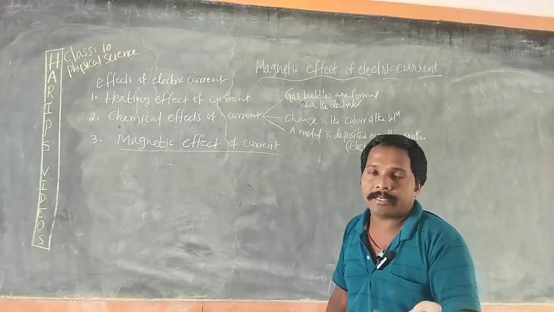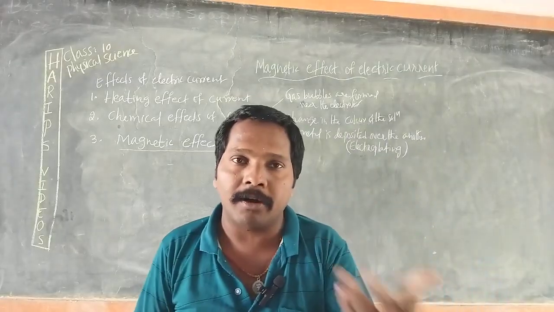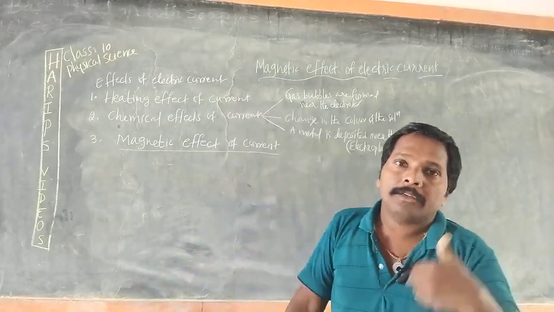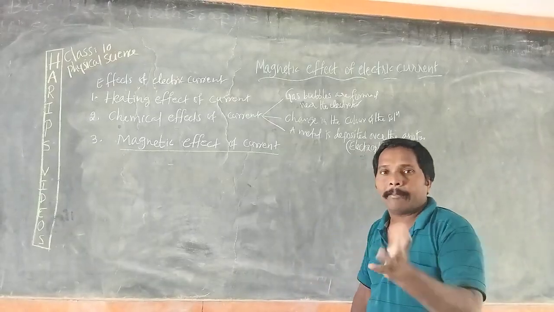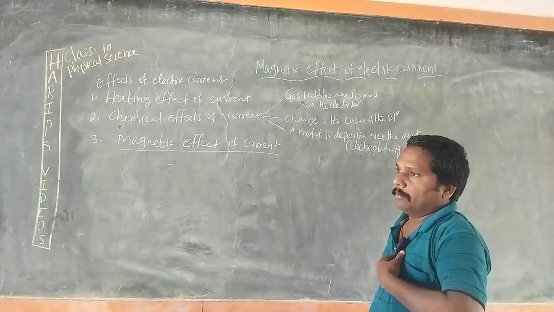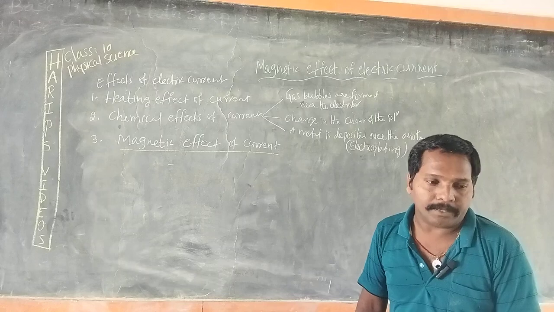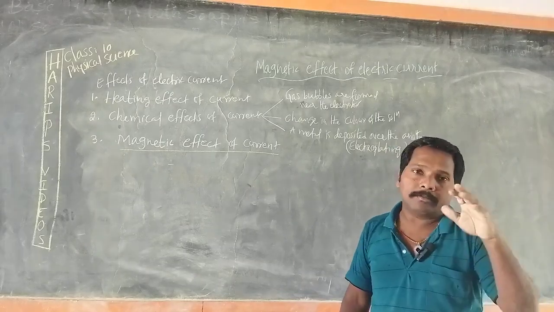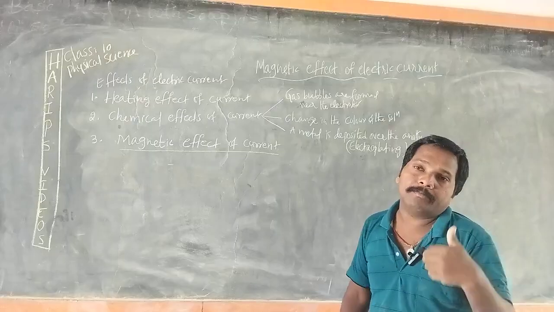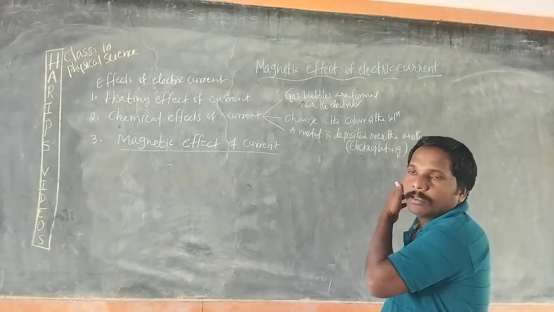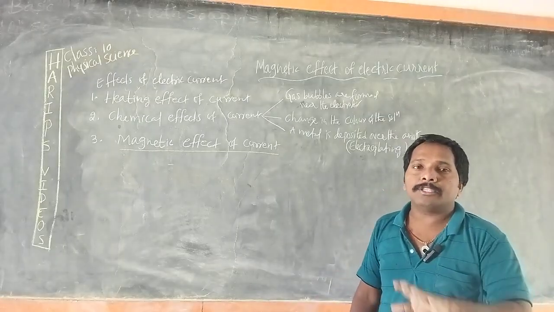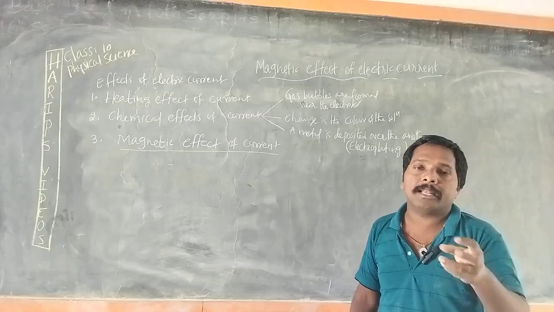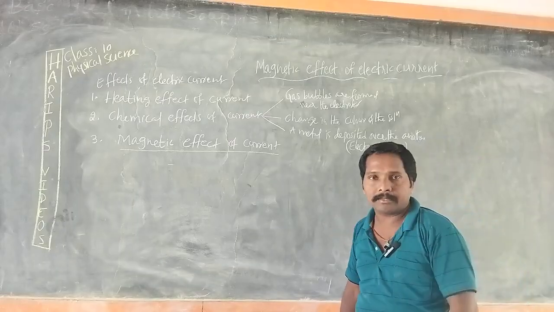Magnetism is the study of magnets and their properties, whatever is related to magnets. Before 1820, most of the scientists believed that there is no interconnection between electric current and magnetism.